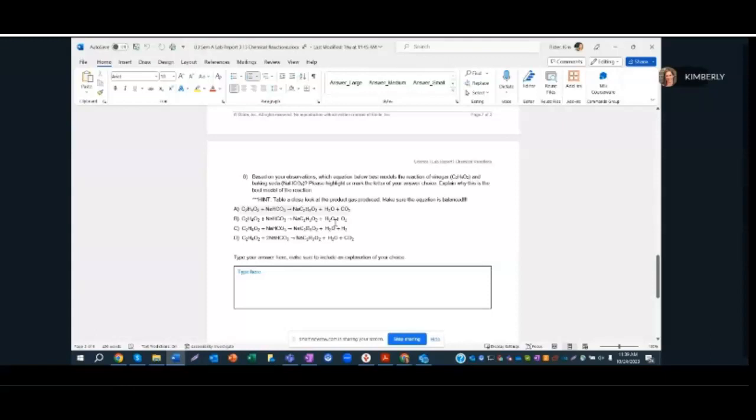So now can we narrow down 2 possible answer choices? Do we see a reaction that produced carbon dioxide or hydrogen gas? Can we narrow down and eliminate 2 answers that did not?